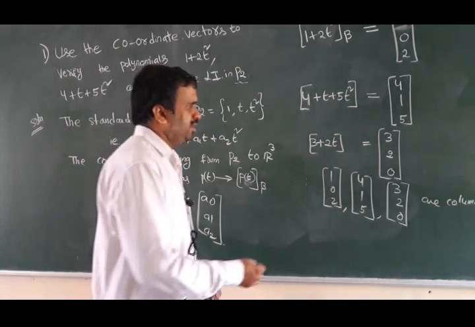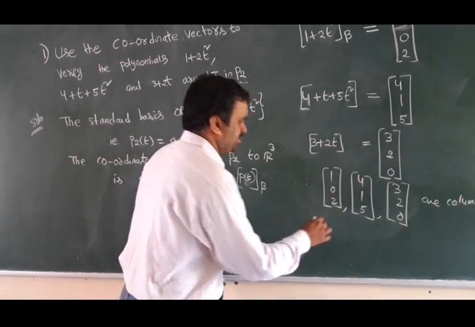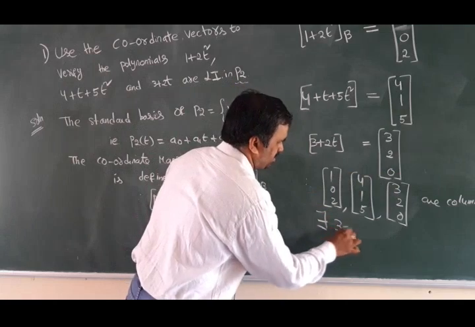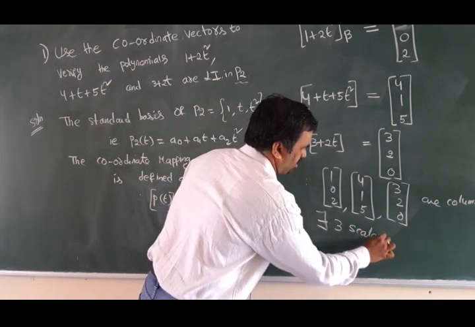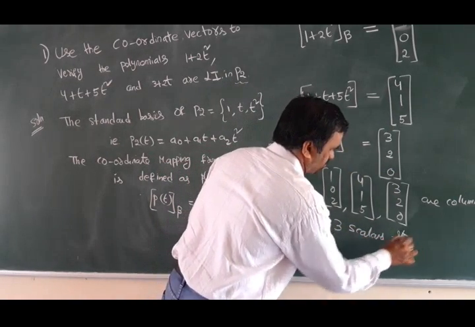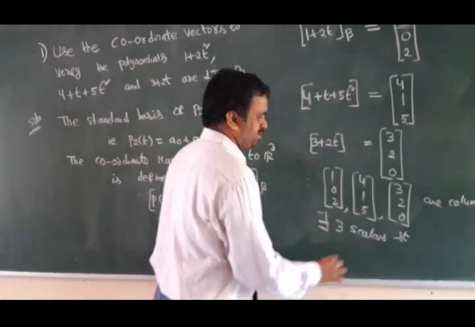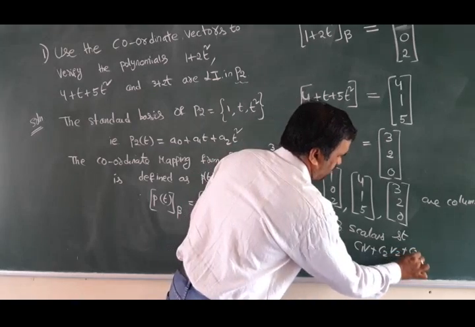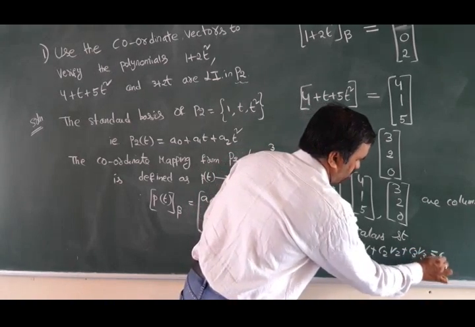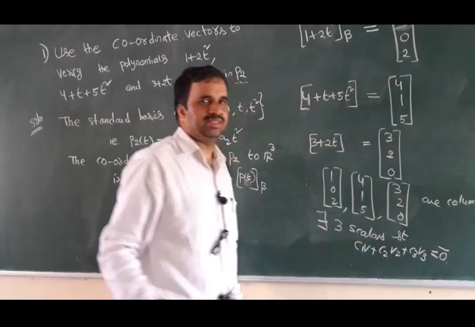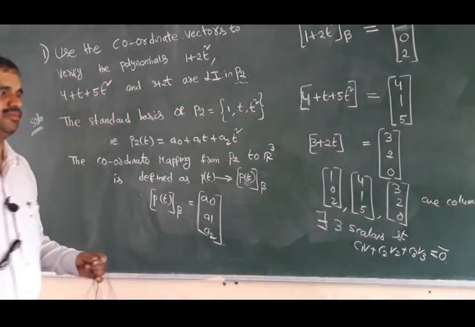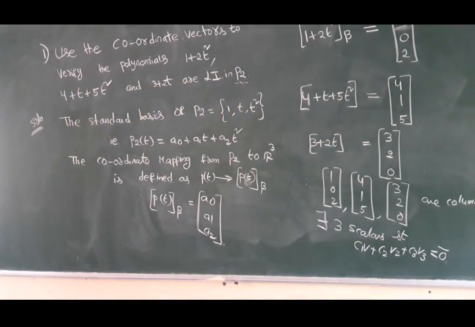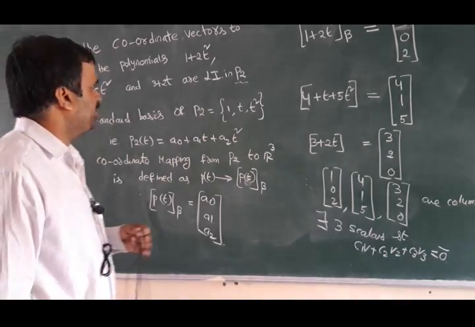As there are 3 column vectors, there exist 3 scalars such that c1 v1 plus c2 v2 plus c3 v3 equal to 0 bar. If these 3 coefficients c1, c2, c3 are equal to 0, then I can say the given vectors are linearly independent.